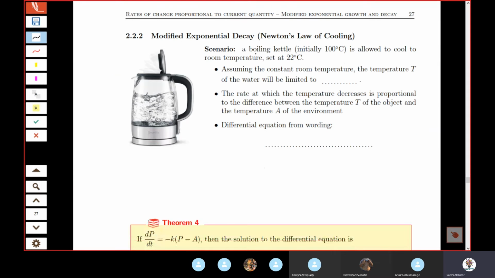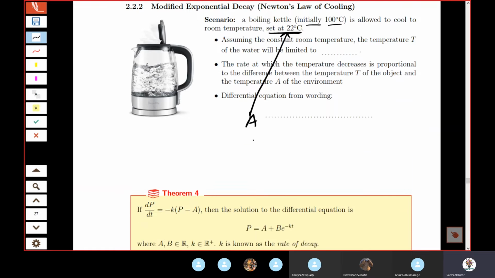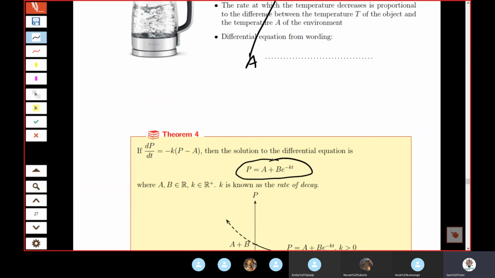So the way it's working is there's a boiling kettle. Initially, the water in that kettle is 100 degrees Celsius. It's allowed to cool to room temperature set at 22 degrees. The logic to it is that value there would be your A in this formula.